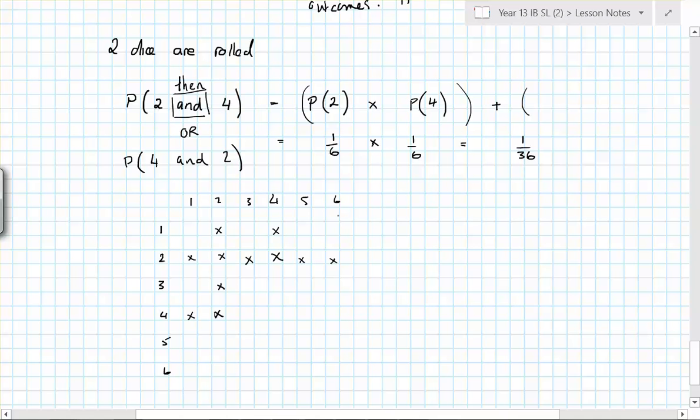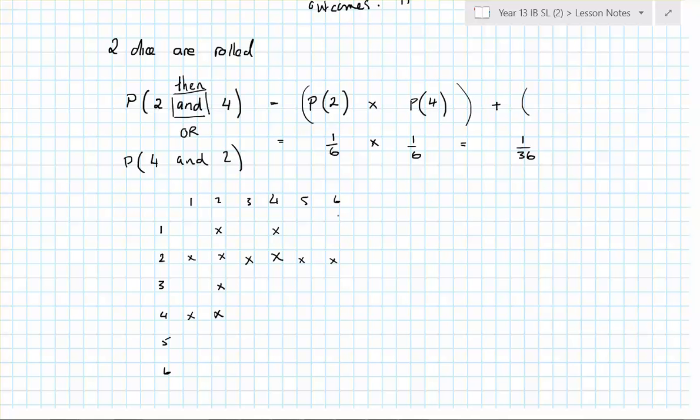Right, so we'll come on to this bit next. When we've got 2 events happening with the word "and", we start with the multiplying, but you do have to consider that there is more than one way round of doing things. So it's not as simple as just going, oh, 2 then a 4. You have to do 4 then a 2.